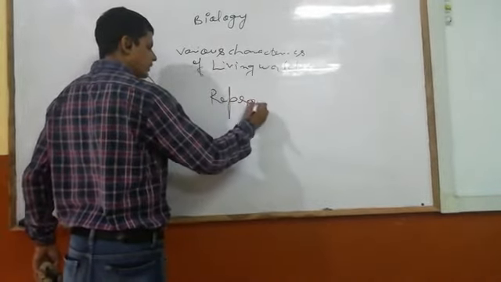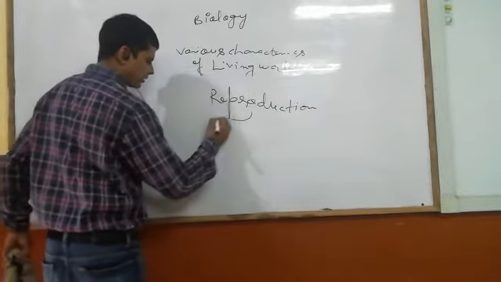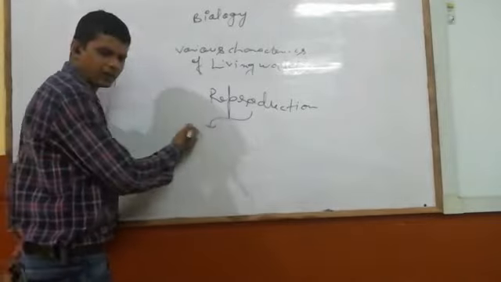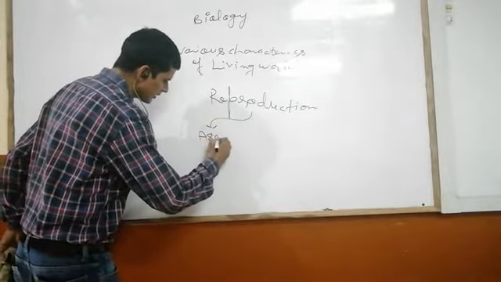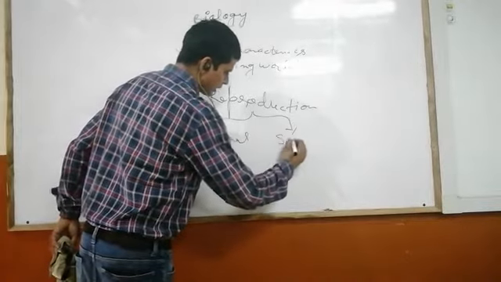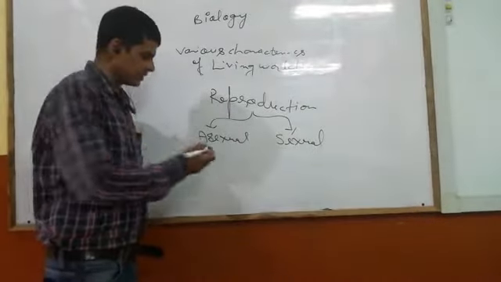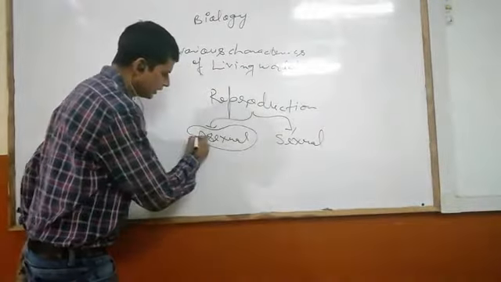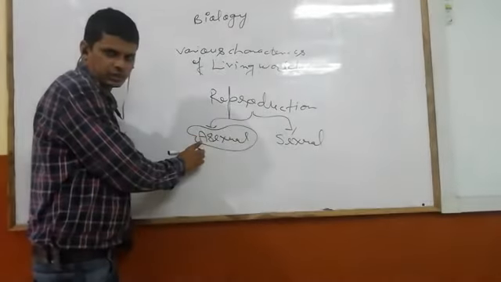After that, reproduction. Reproduction is mostly of two types: asexual reproduction and sexual reproduction. The name asexual itself tells you the meaning, so you don't need to learn it.